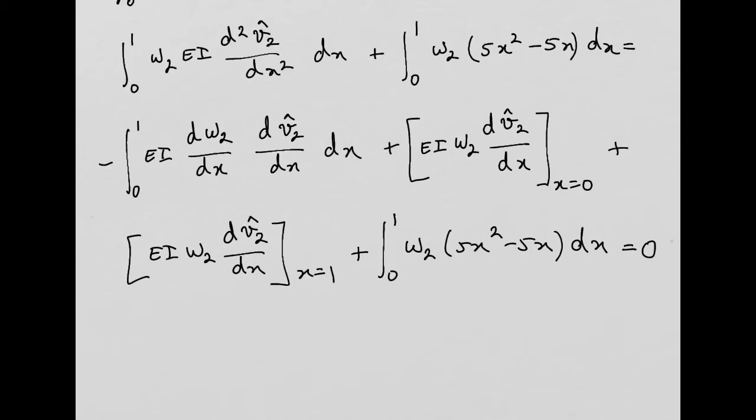Of course, this is not enough. So in integration by parts, I also need to add the terms on the boundaries of my domain for x equal to 0 and x equal to 1, which is the boundaries of my beam, where I have the supports. And the terms I need to have is, so I keep the first derivative and need to multiply by the weighting function.